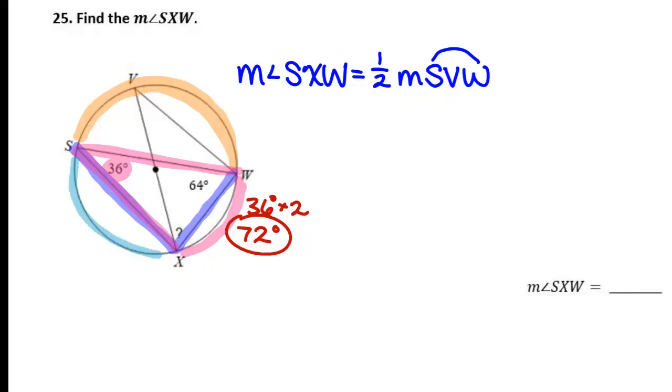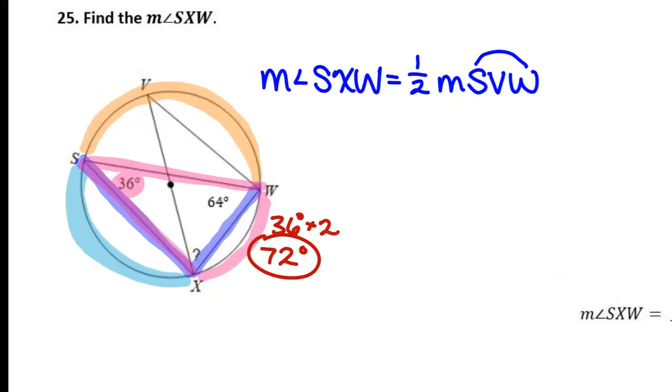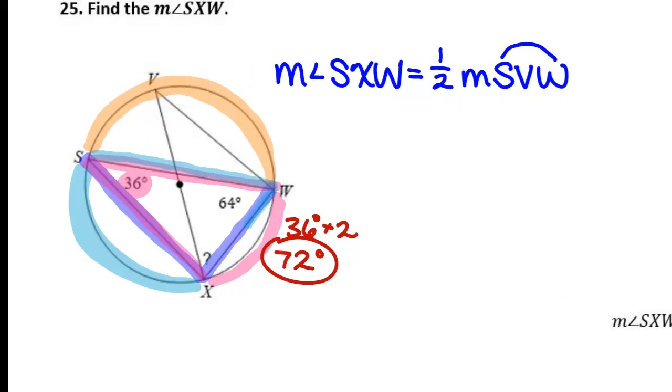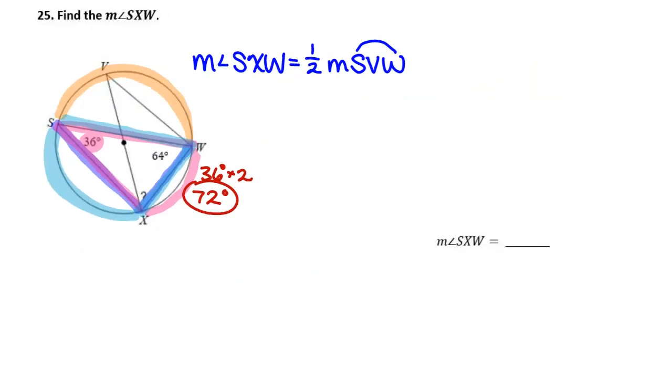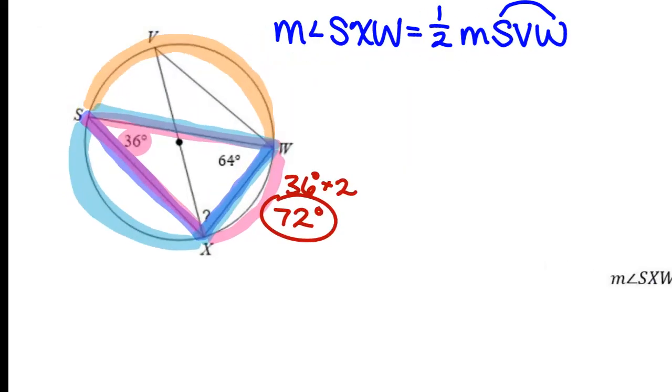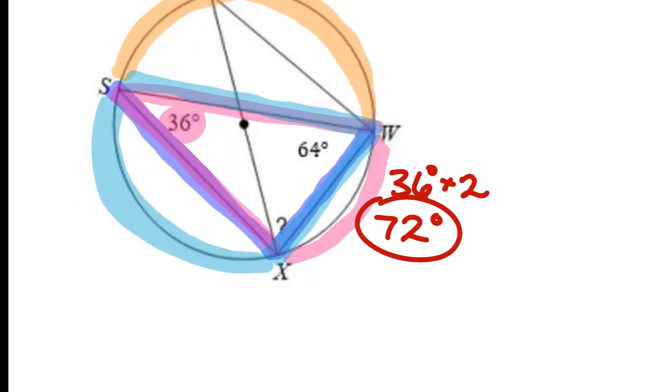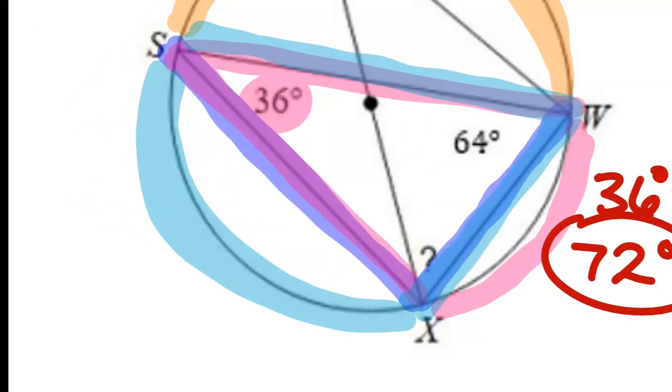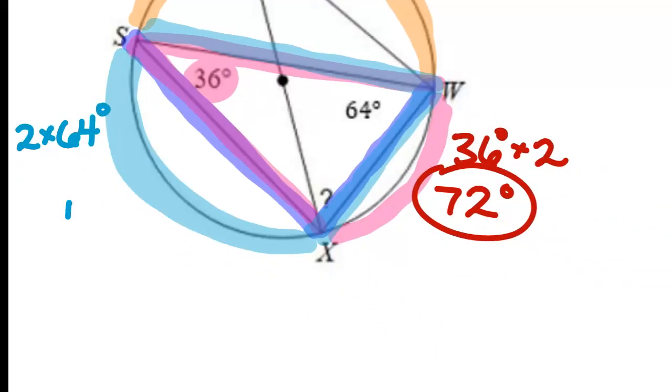And then if I could just find this arc right here, that would be the only other arc that I need on that circle so that I can find the orange one. This is the angle that intercepts that arc. It's 64 degrees. So what would I do to find that arc? Multiply by 2. We're going to do 2 times 64 degrees, which gives us 128 degrees.